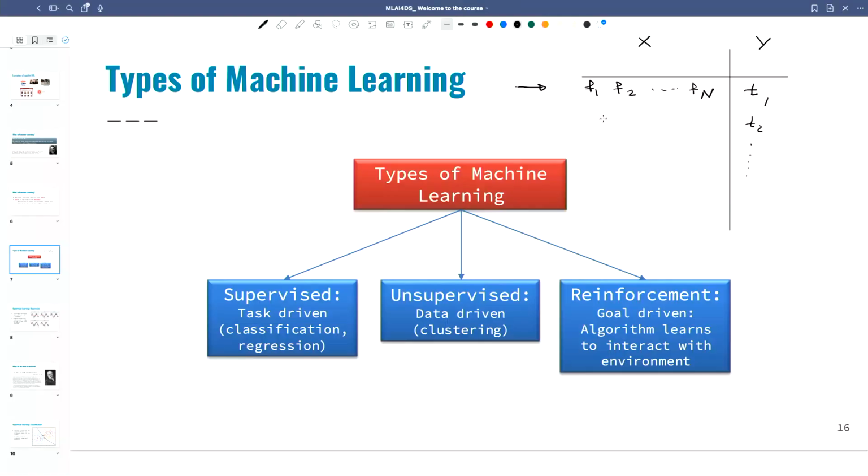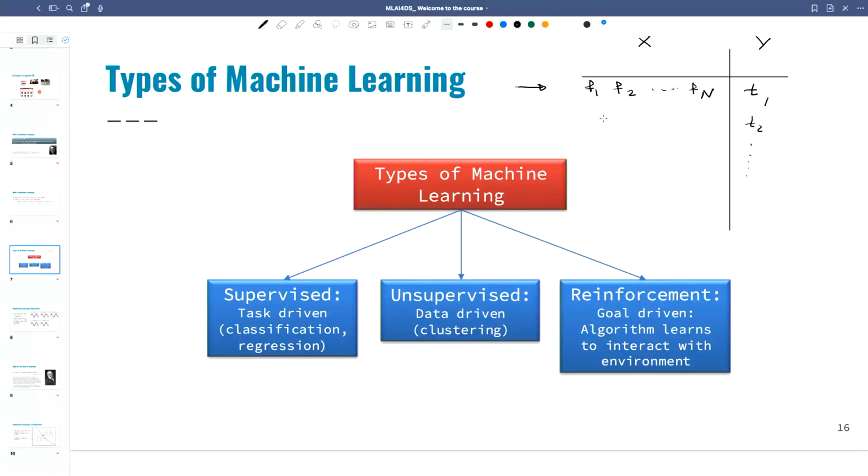Any idea? Yes, we can use graphs and we can have a look at the mean. But in general, the thing that is going to map F's to T's is called a model.